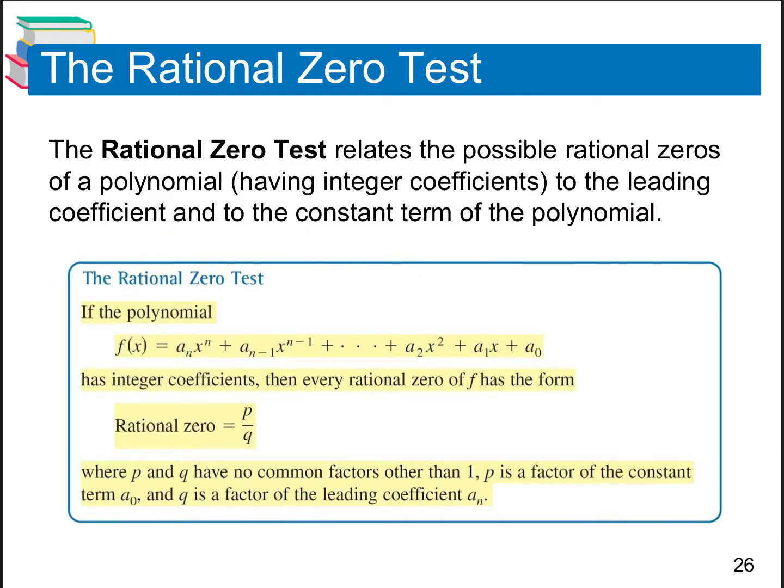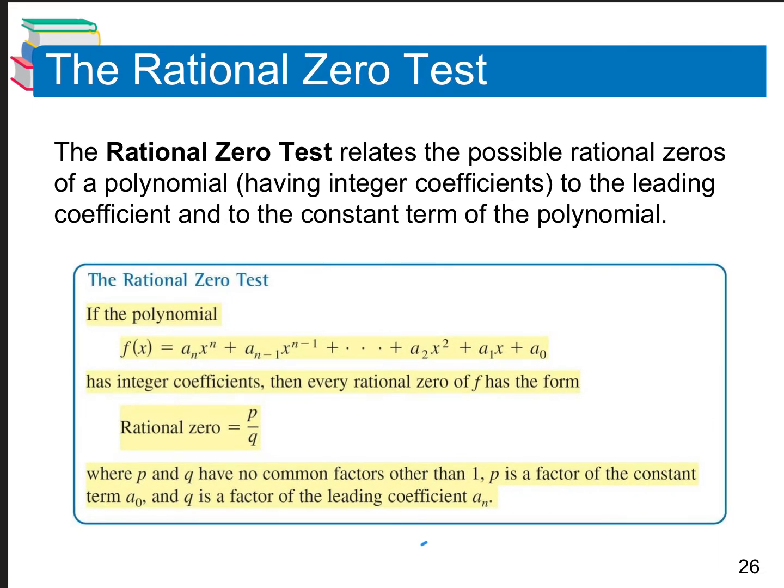Next thing we're going to talk about is the rational zero test, and this is P over Q. You guys will hear about that a lot. P and Q are just numbers in our polynomial, where P is our constant term.